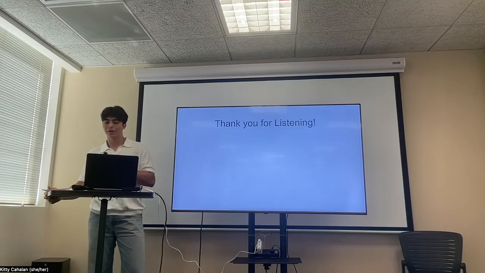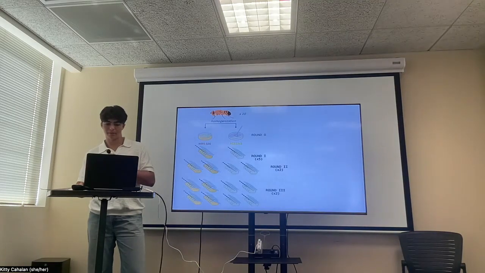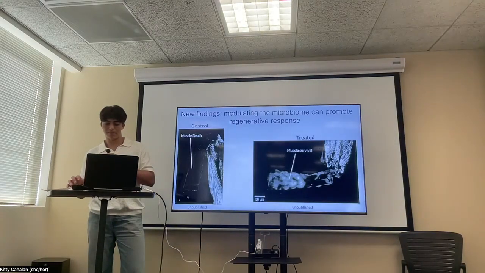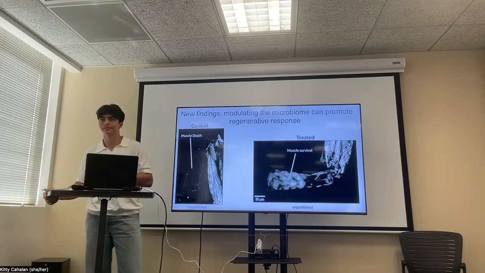I'm not exactly sure how that works, but I would assume so, especially because in the picture from my mentor Zevin, usually the muscle tissue will die surrounding the site of amputation, but in this case there's survival. So I assume there would be a signal for apoptosis of the muscles near the amputation, versus that signal not being sent when there is L. brevis in the system, but I'm not exactly sure how that works.